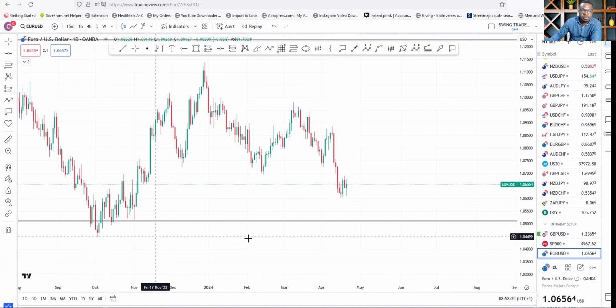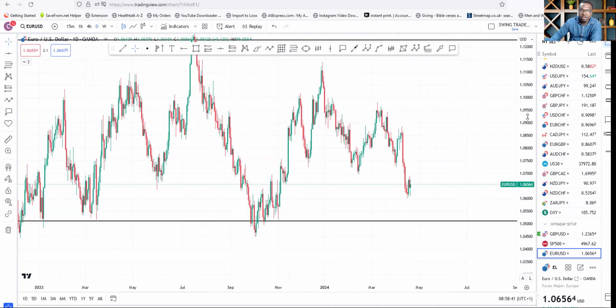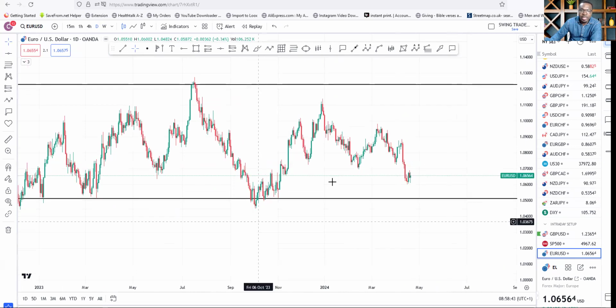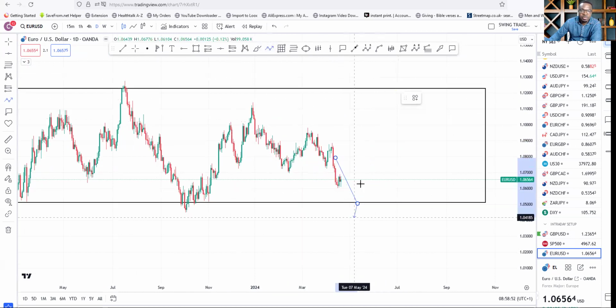But if it fails to break this low, as you can see, with multiple reactions at this key level, which was creating that consolidation phase, then we should expect a bounce, a retaliation, a kind of reaction.